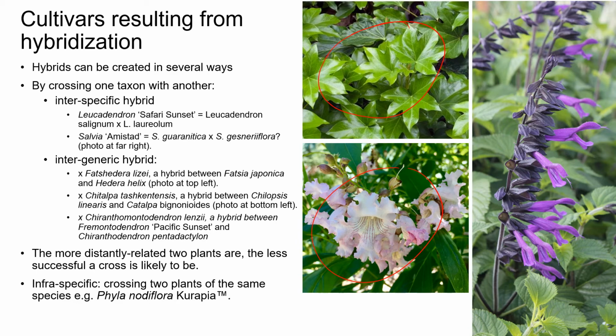In irrigation trials at UC Riverside, where most of the research in California is done on turf grasses, Kurapia has been shown to require less irrigation in the summer than many of the commonly used turf grasses in California. And it's increasingly being used by landscape contractors and designers as a lawn substitute in low foot traffic areas.